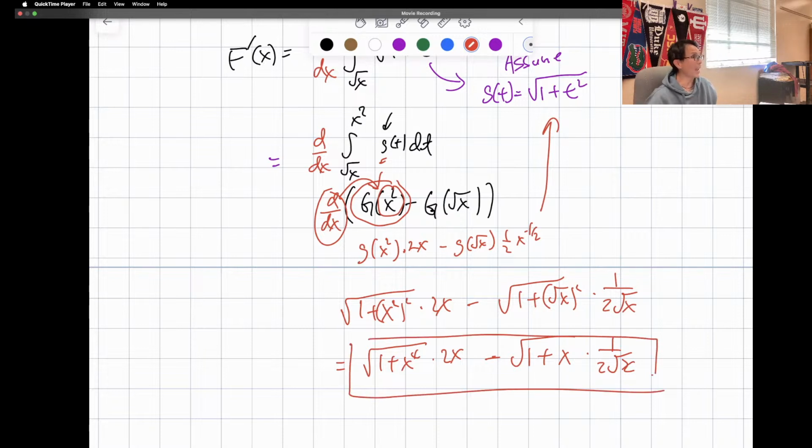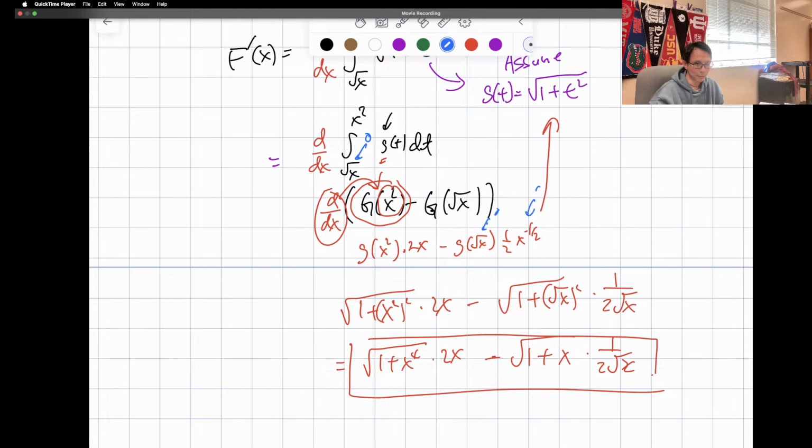But basically, I didn't know how to take the integration of square root of 1 plus t squared. I assume that's a function. I take an integral. I place the x squared and square root x because of the upper bound and lower bound. Now, if the lower bound is a constant, what will happen? Let's just say this is 0, what will happen?